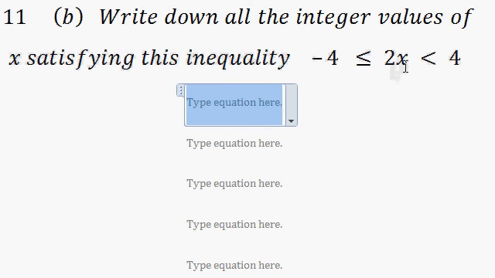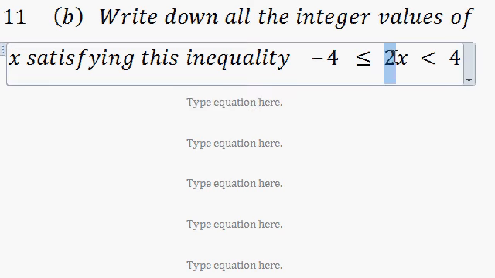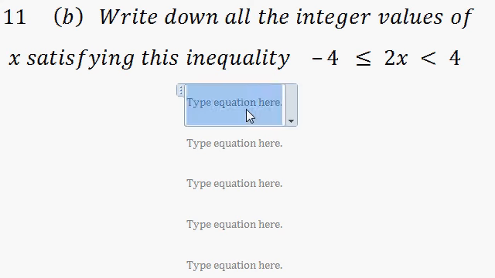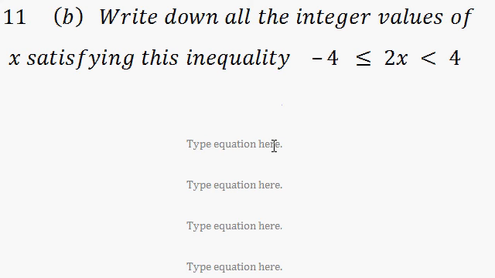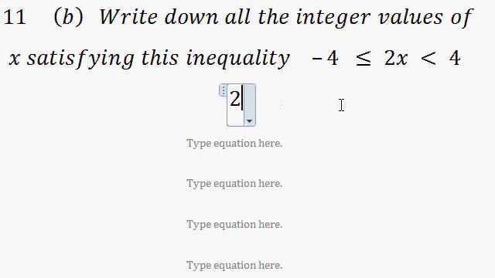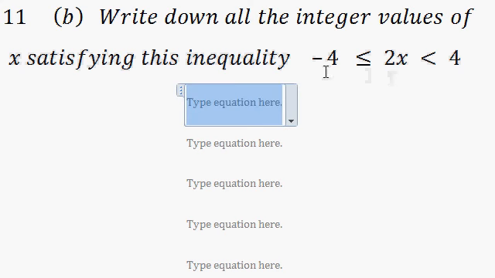Instead of having x with what's sometimes called a coefficient, in this case the coefficient of x is 2, it's easier for it to be just x instead of 2x. There's a very easy way to get that in this case. All of these numbers are even, and the coefficient of x is 2.